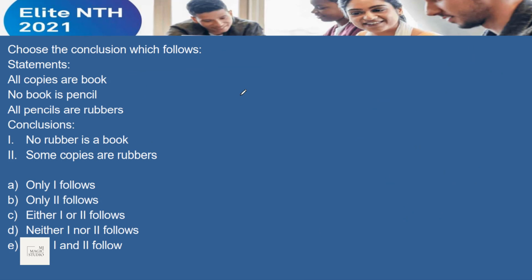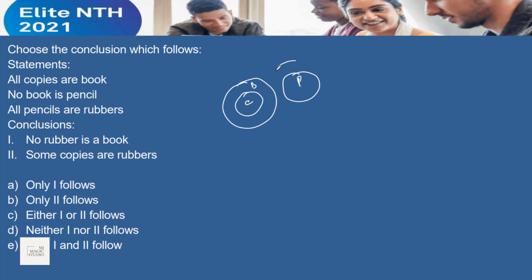Choose the conclusion which follows. A question from deductive logic. All copies are book. No book is pencil. That means the set pencil should be out of this. All pencils are rubbers.